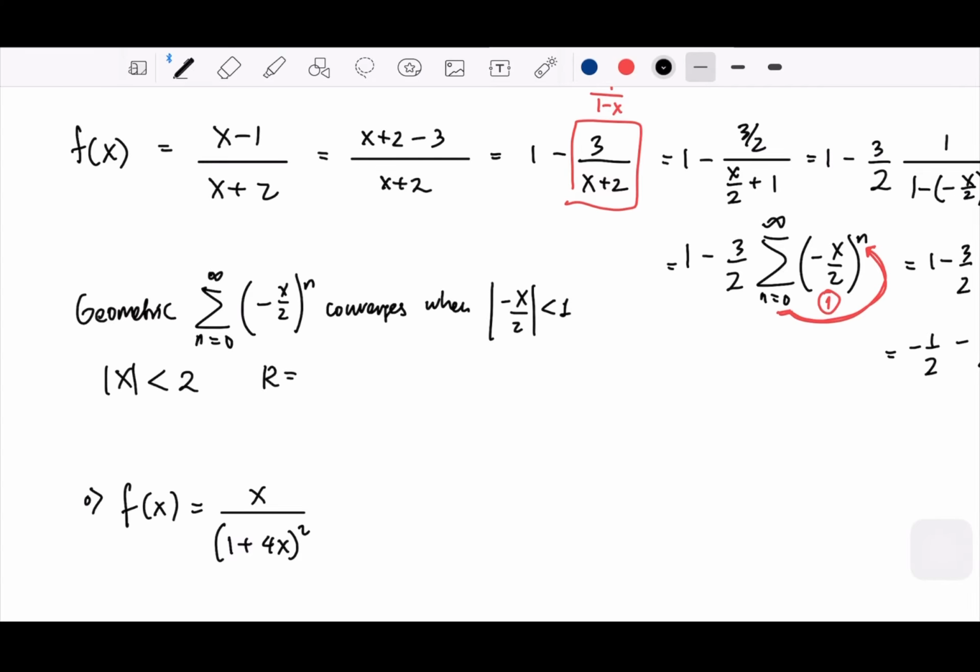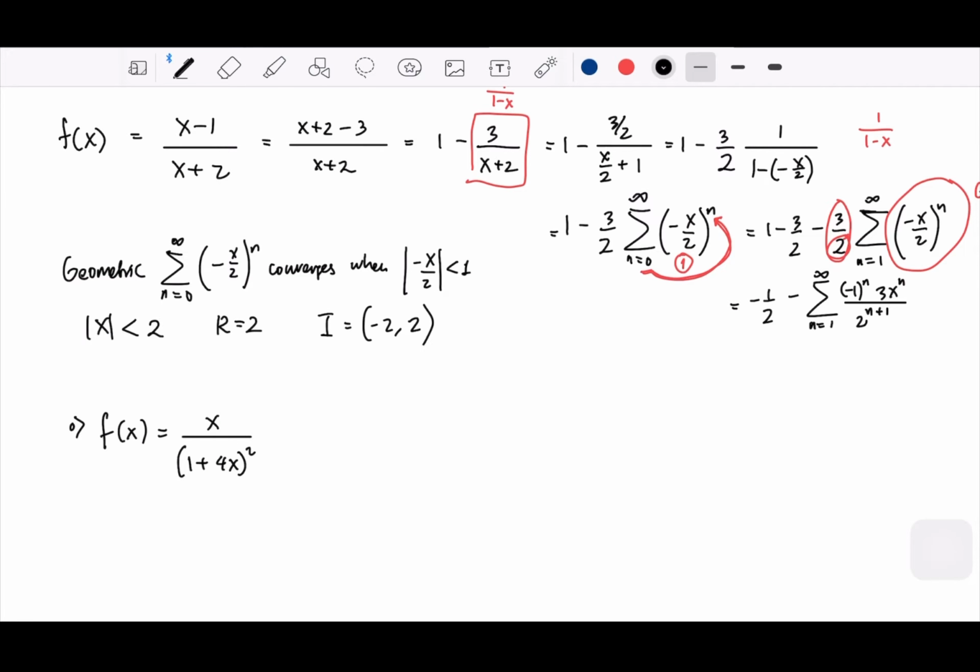Which means r is equal to 2, and the interval of convergence will be from negative 2 to 2.